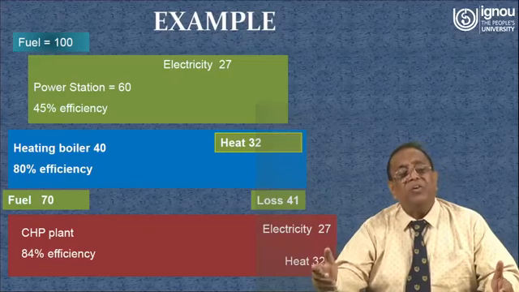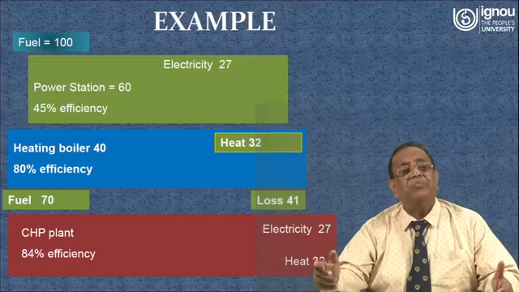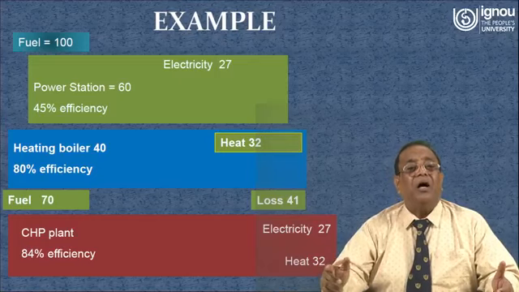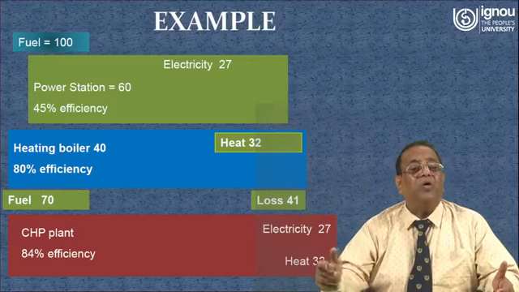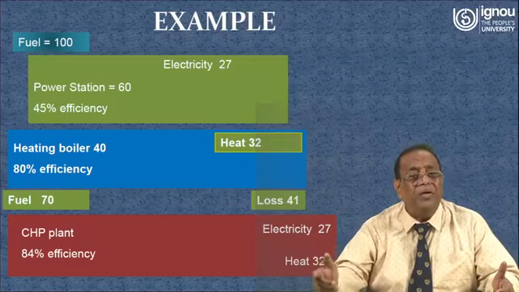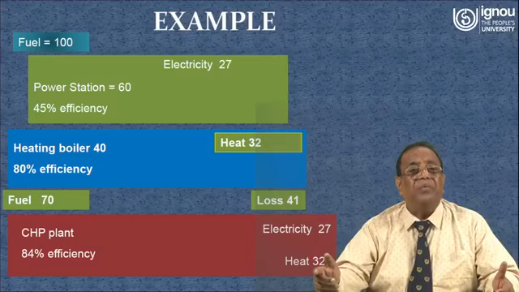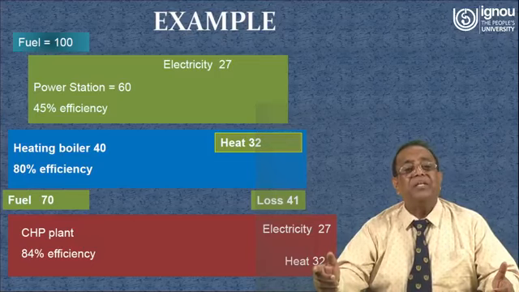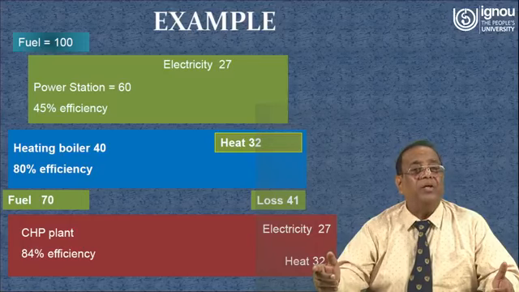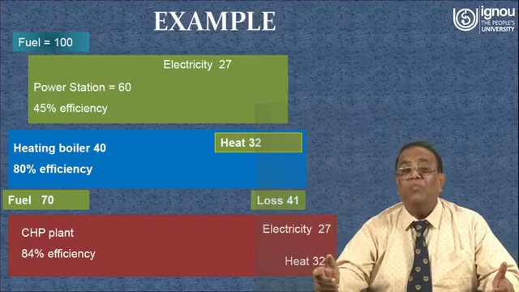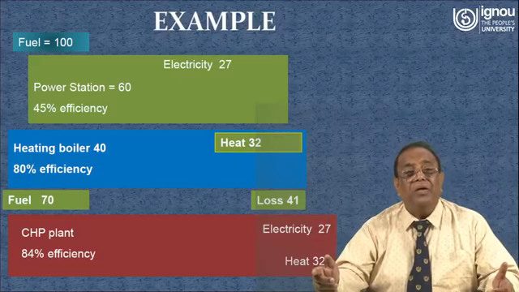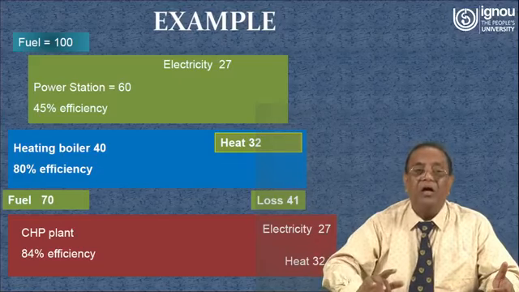So, the output is the same as in the previous case, but here we get 59 units of output from 70 units of input. That means the loss is only 11 units, but in the previous case the loss was 41 units of energy. So, obviously the combined heat and power plant is beneficial.